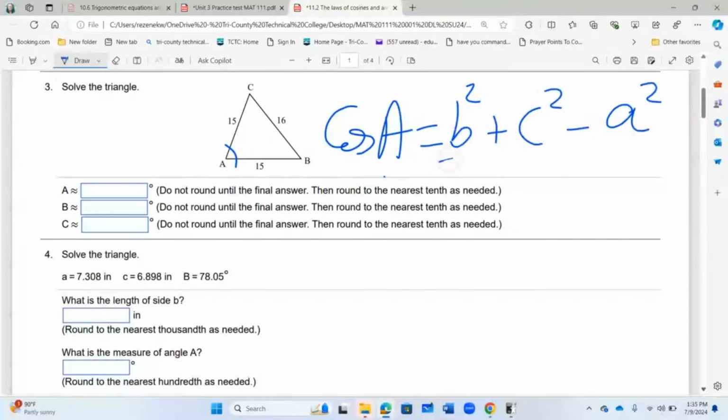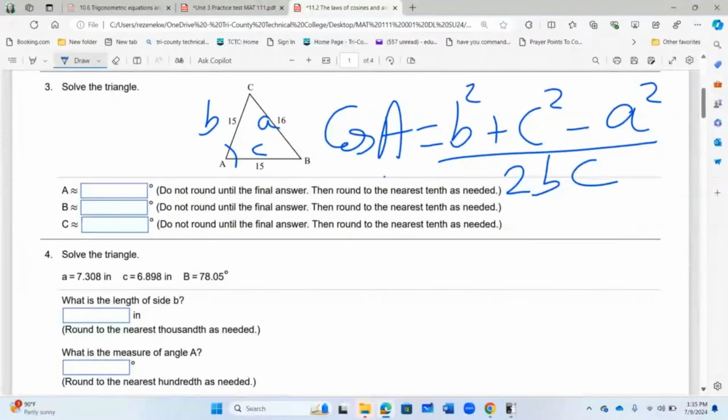Remember, we derived it this afternoon. And which one is A? I want to make sure that I write which one is A.